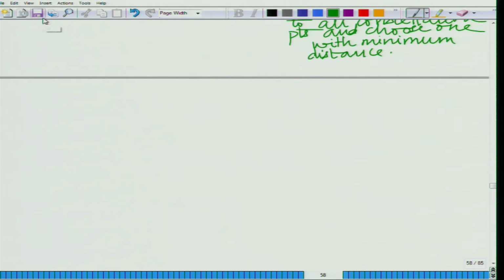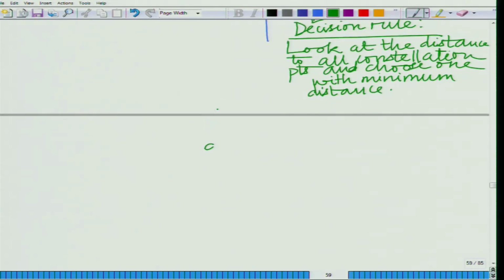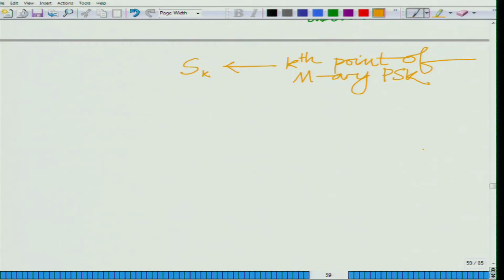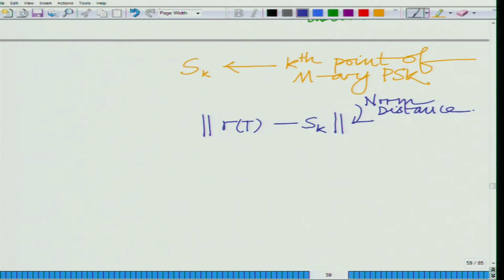So, basically, if S_k is the kth point of the M-ary PSK constellation, then choose k such that the distance, the norm of r(t) minus S_k, where the 2-norm represents the distance, is minimum.